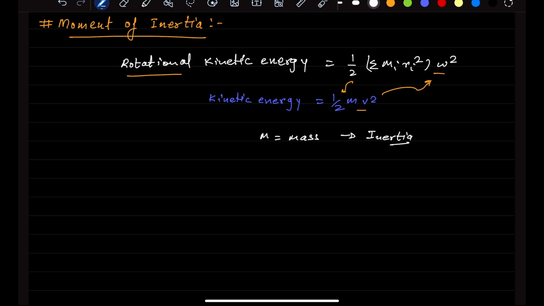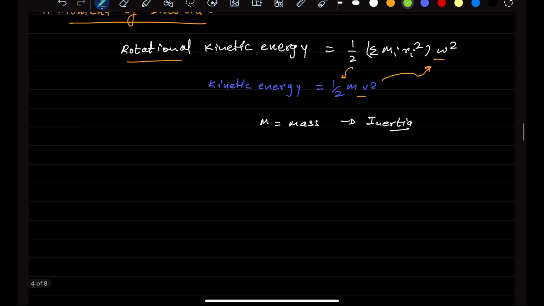and this term sigma mi ri square somewhere should be related to the inertia, right? Now this is a rotational motion, so let's call it rotational inertia.